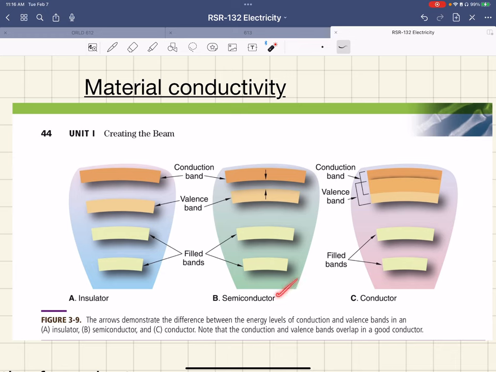So that's a semiconductor. And then with conductors, you can see there's actually an overlap between the conduction band and the valence band. So out of those three, we can say that the resistance is highest in an insulator and lowest in a conductor.